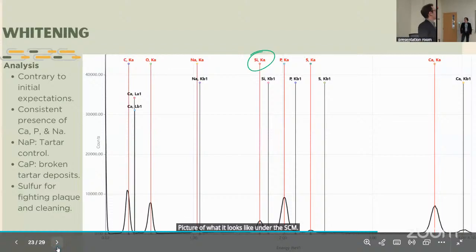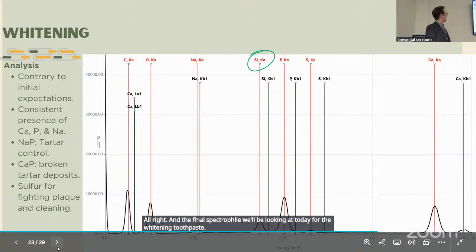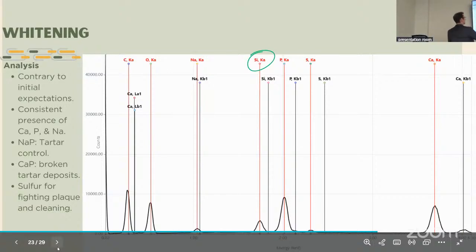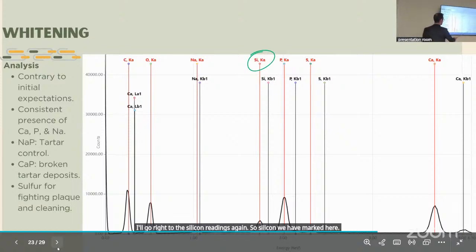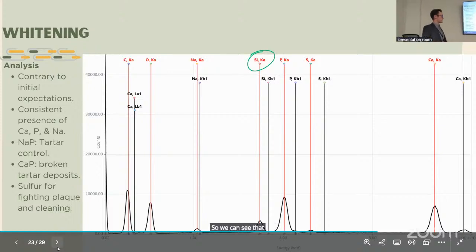All right, and the final spectra file we'll be looking at today is for the whitening toothpaste. I'll go right to the silicon readings again. Silicon we have marked here with our peak.